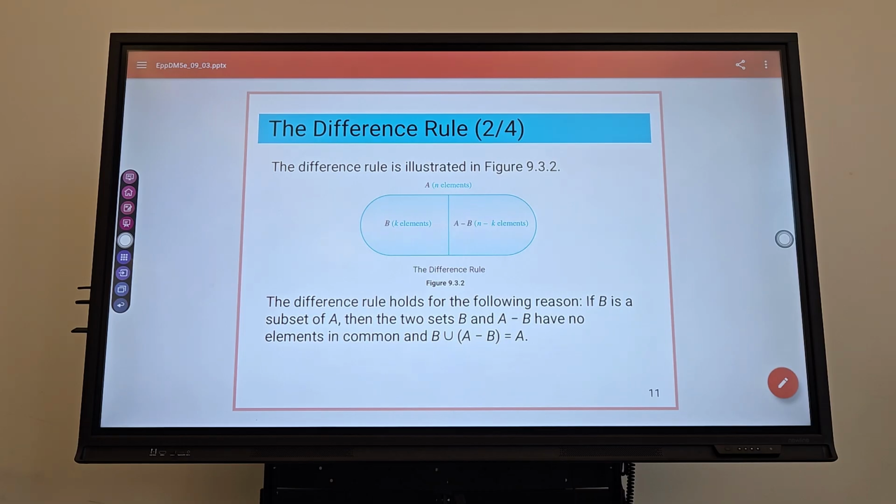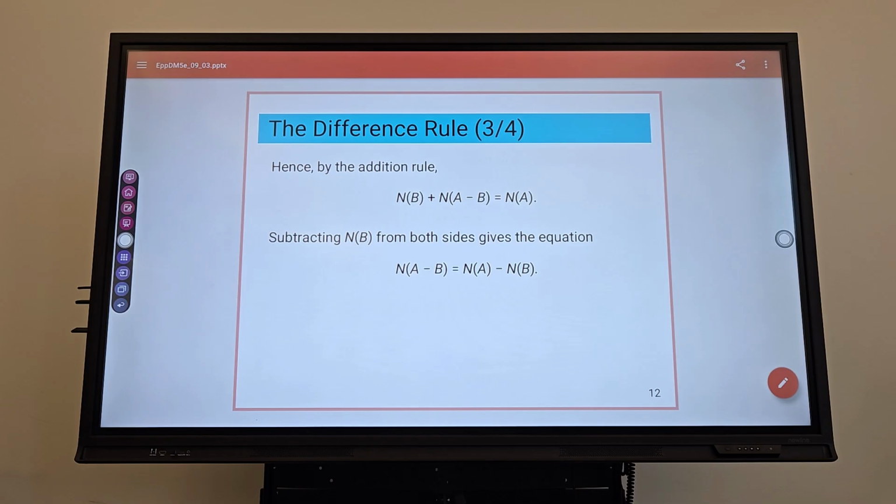If B is a subset of A, then the two sets B and A minus B have no elements in common, and the union of B and A minus B equals A. Hence, by the addition rule, n of B plus n of A minus B equals n of A. Subtracting n of B from both sides gives you the equation n of A minus B equals n of A minus n of B.